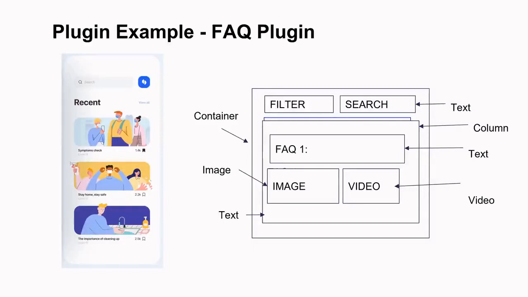What we want to do is use these generalist widgets and put them together as a plugin to do a proper task. Like in this example, if you want an FAQ plugin to provide health information, we will build the FAQ plugin using the predefined or already available widgets in that framework. So that's why we call it a plugin. I will explain that later also.